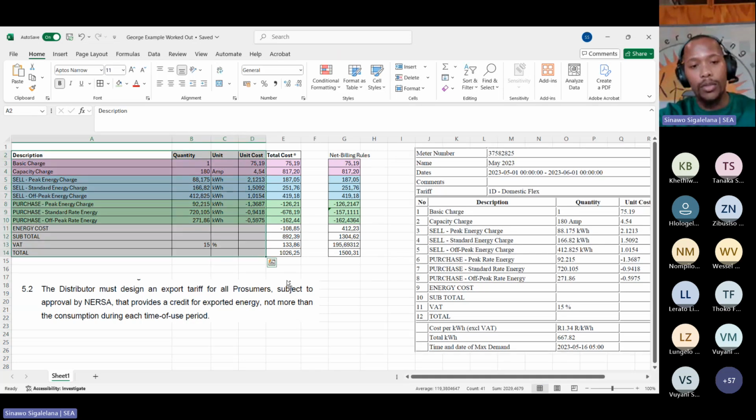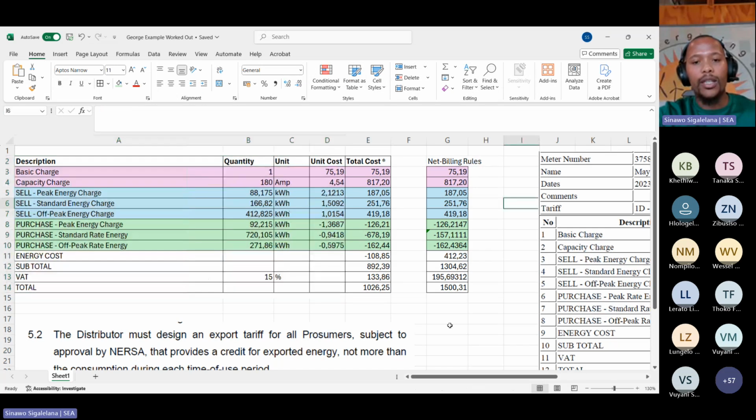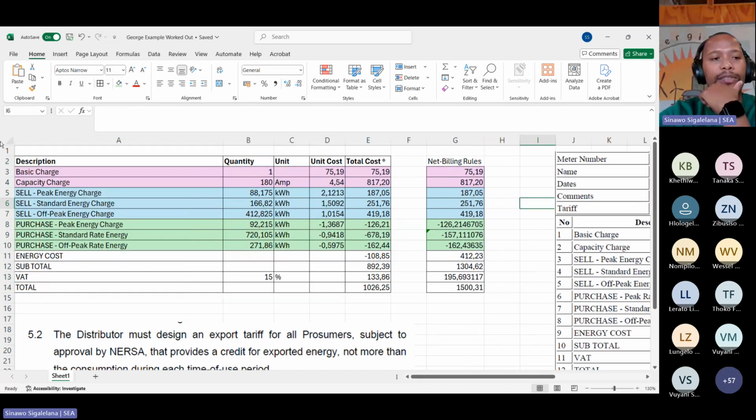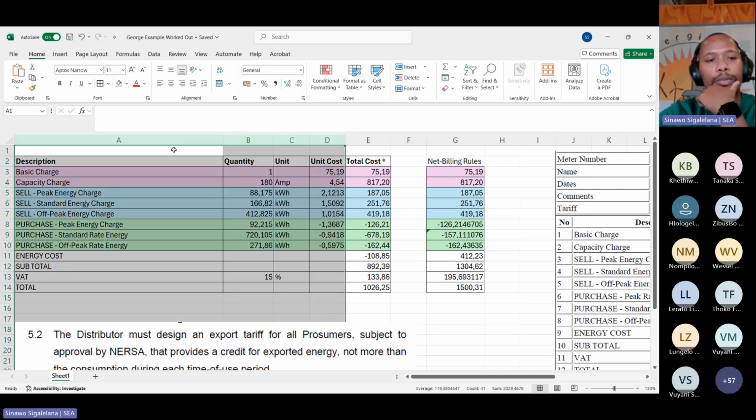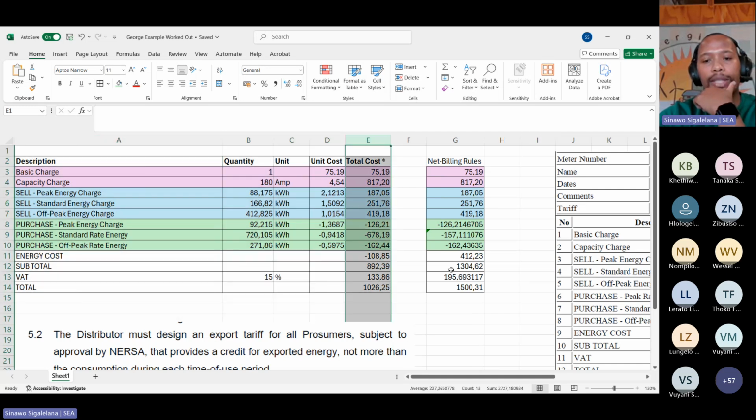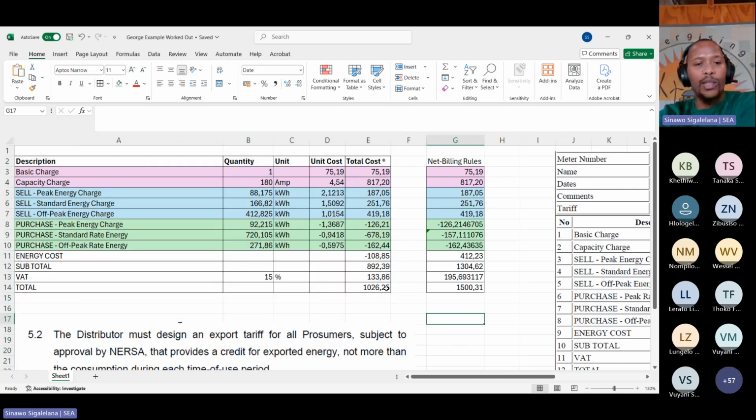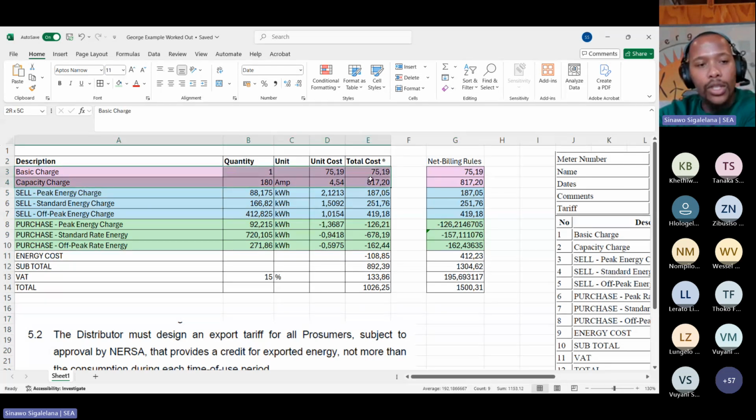Let me zoom a bit. Right. So I've created the same on a spreadsheet. So let us focus only from column A to E. Let's forget about this first. All right. So I've colored here in purple my fixed costs. These are costs that are informed by a cost of supply. All right.